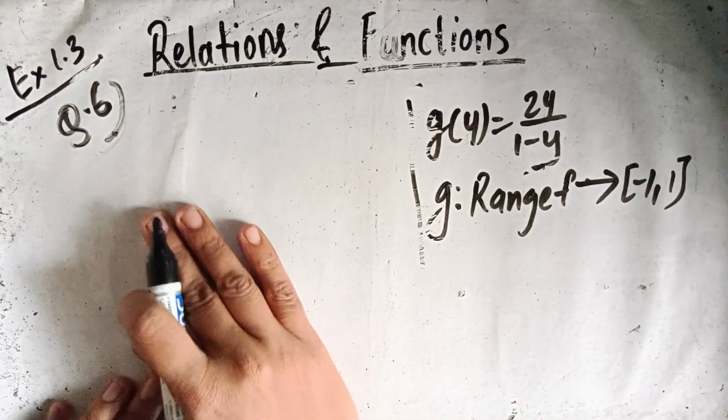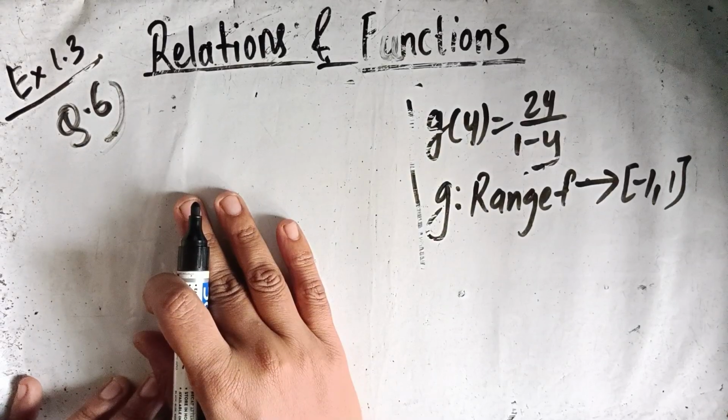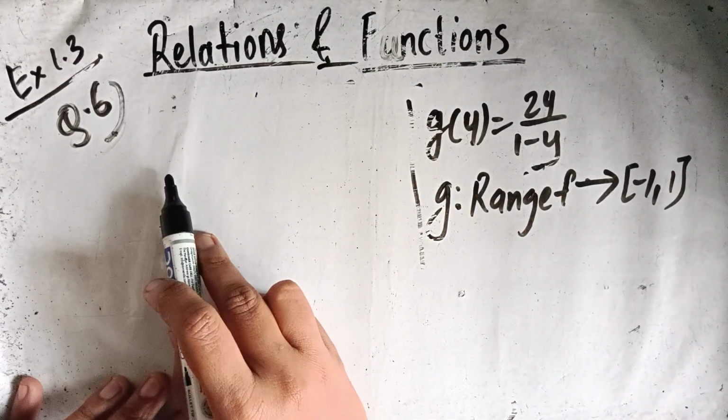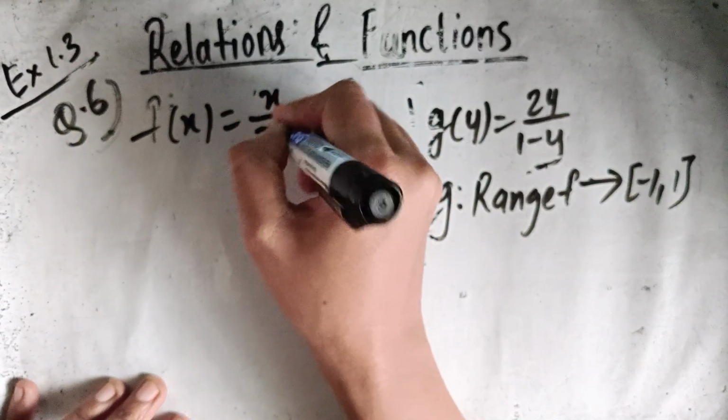Now we'll do g composite f and f composite g. We have both the functions: f is x upon x plus 2.